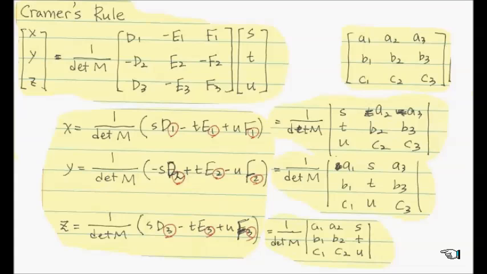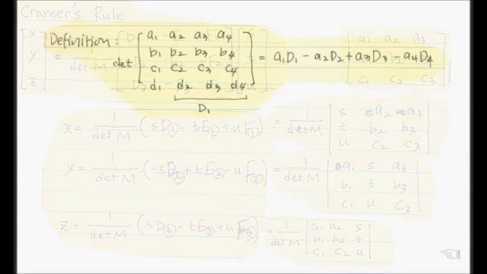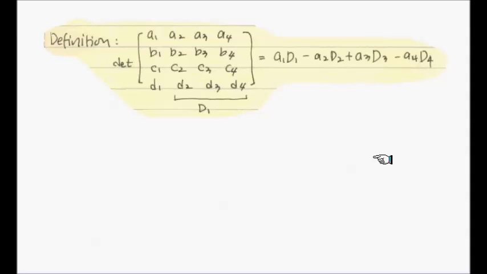And another advantage is that from this point of view, it's fairly easy to see how this generalizes to 4 and 5 size square matrices. So at the end, finally, let me show you this definition of a 4x4 determinant.